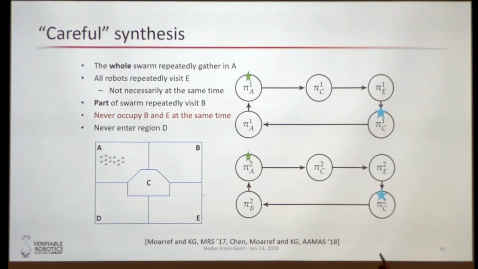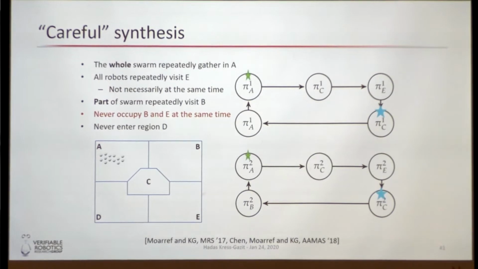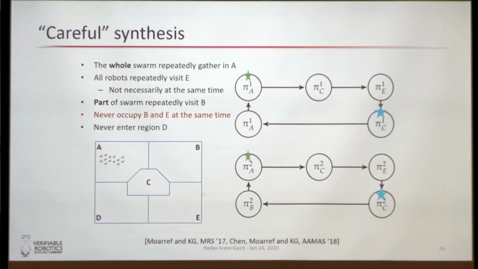If the top one is just ridiculously slow, they're still stuck in E, and the other subswarm is ridiculously fast, and they already made it to B, I'm violating my specification, right?